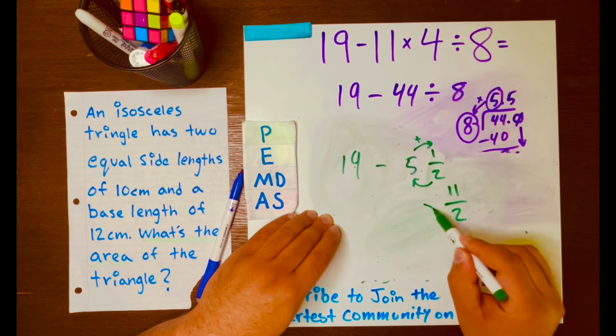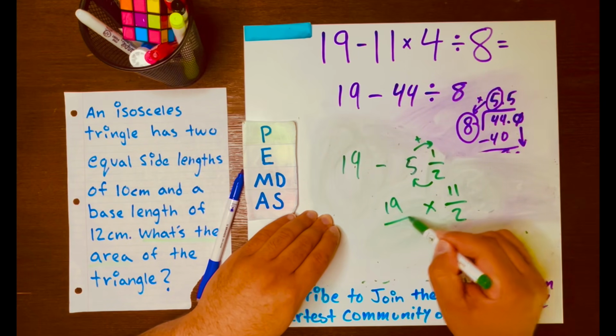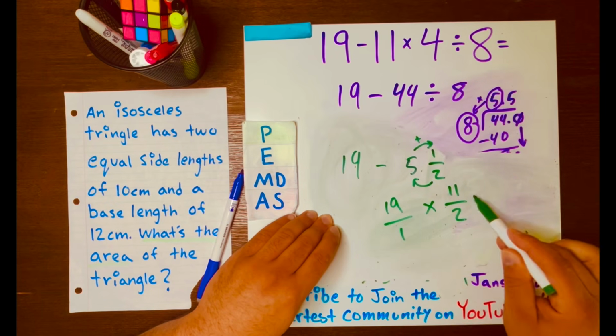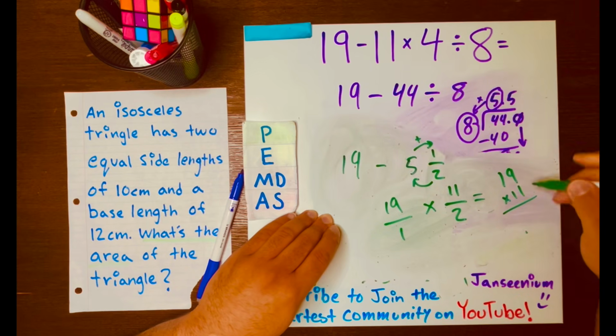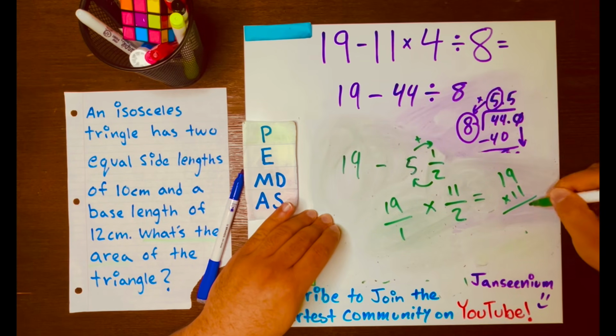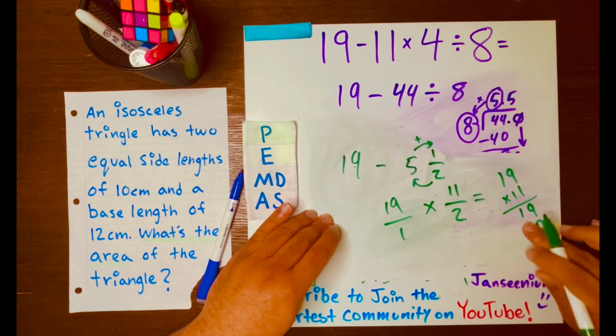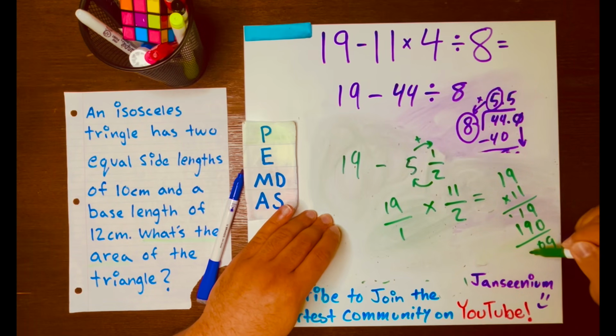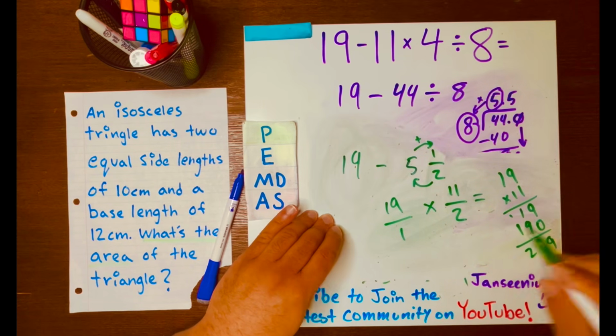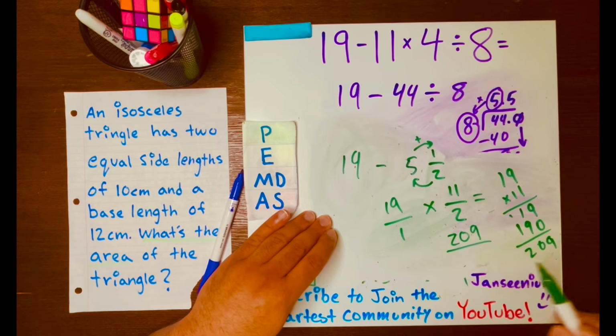And then you multiply 19 over 1. So then you multiply across. So 19 times 11. 9 times 1 is 9. 1 times 1 is 1. You have 0. That's 9, that's 1. So 9, this is 10, and this becomes 2. Wow, that's a big number. So 209 over 2. Is that correct?